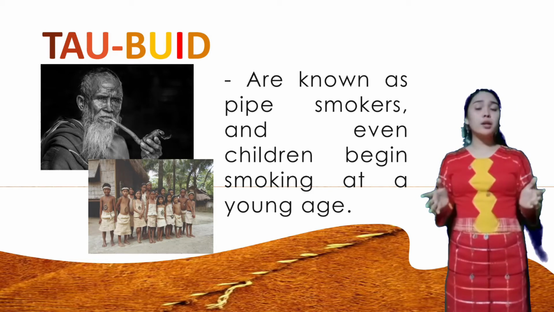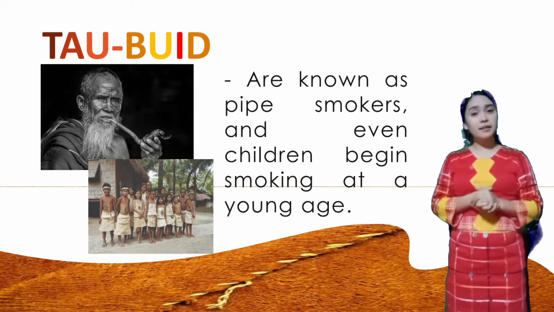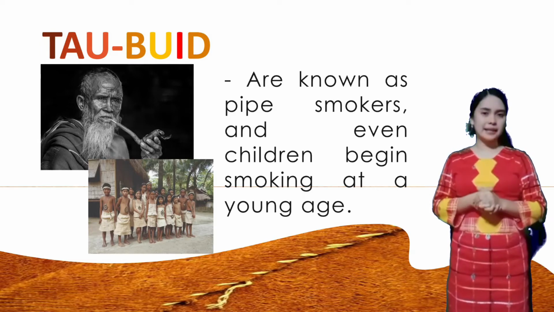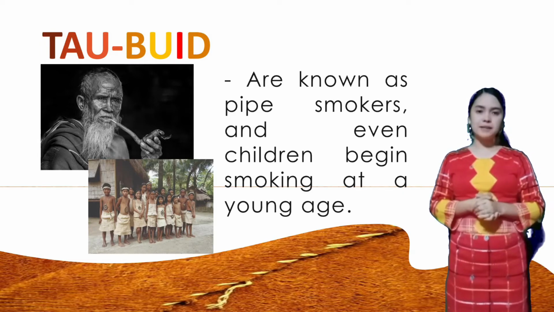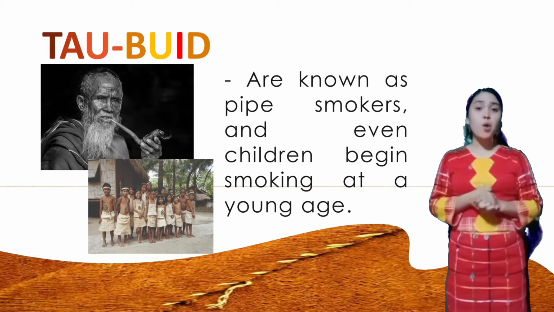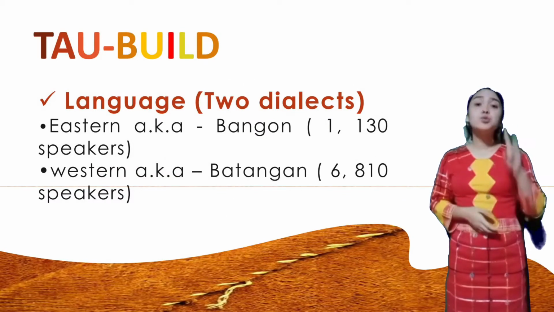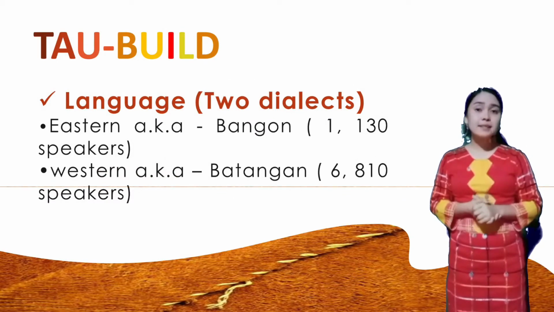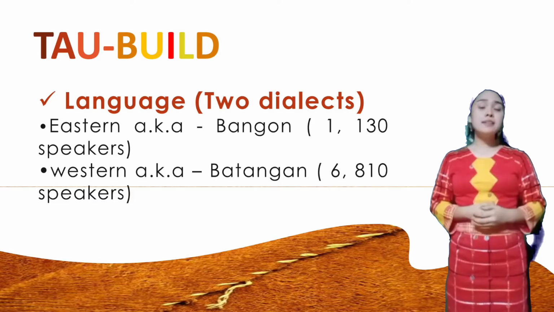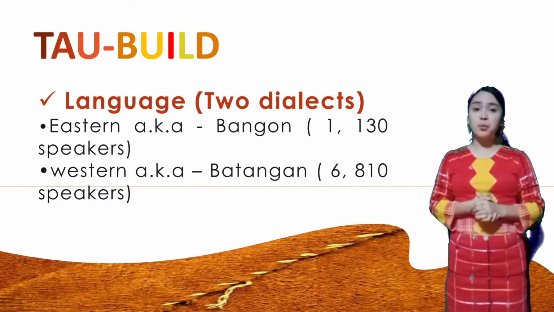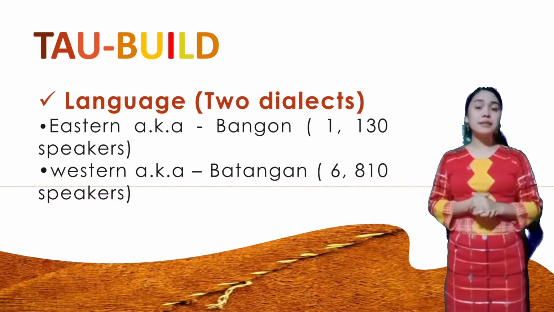The Taubid people are also known as the Batangan Taubid by the lowlanders residing on the west of the island, and Fanaubid. When it comes to language, the Taubid group has two dialects, the Eastern and the Western. The Eastern is also known as Bangon and has 1,130 speakers.